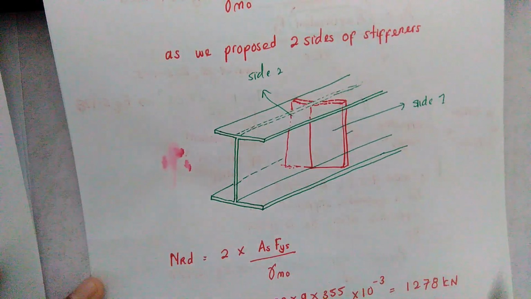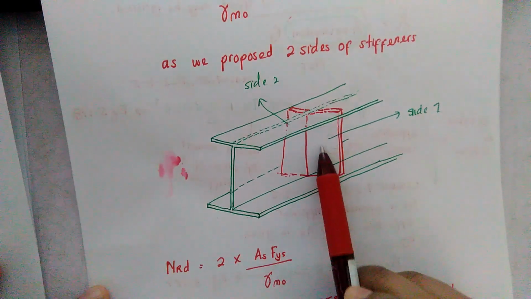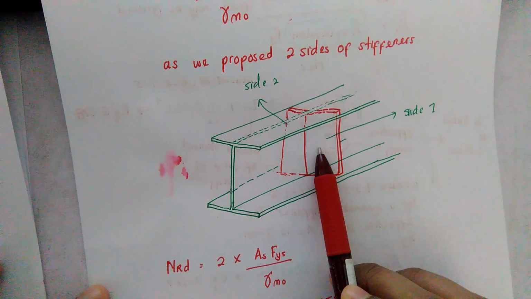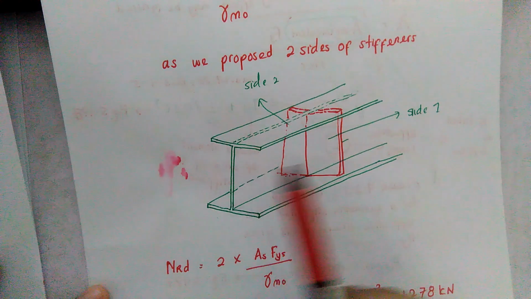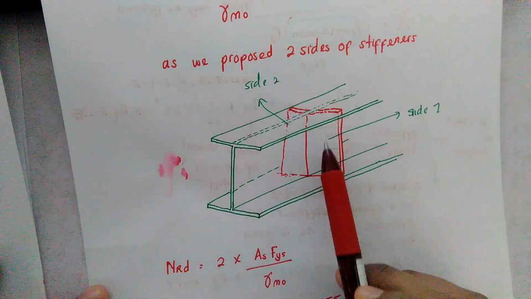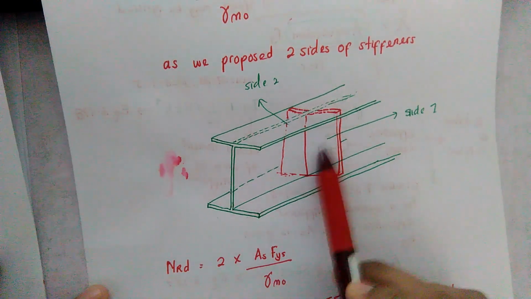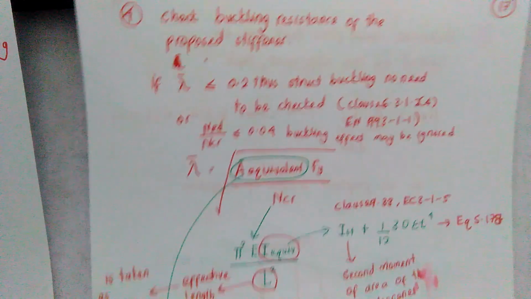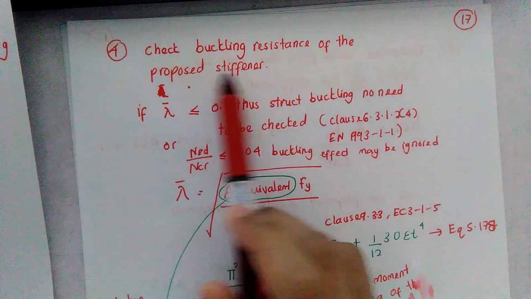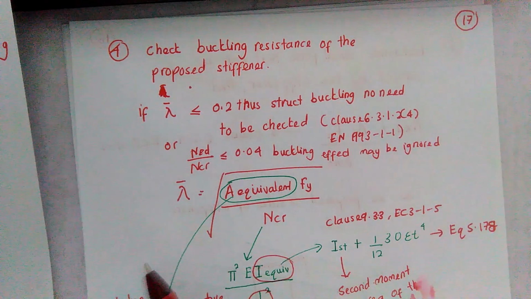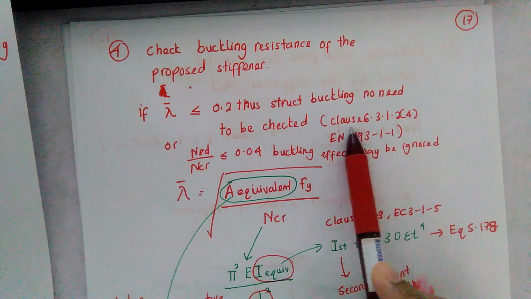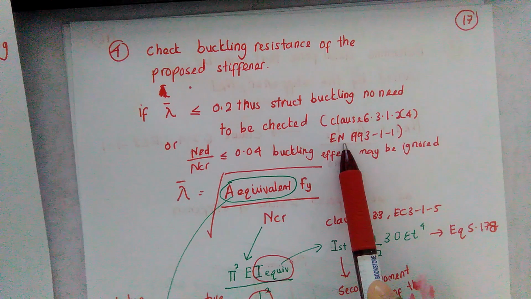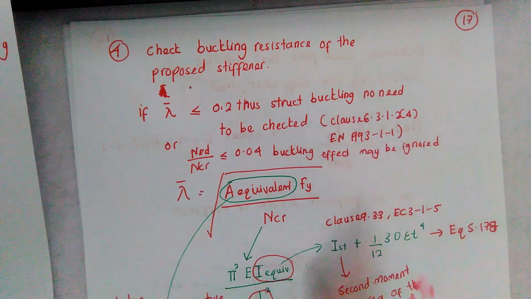Now we want to see whether this stiffener will buckle under the force that we have calculated earlier, so we need to check the capability of this stiffener against buckling. To check the buckling resistance of the proposed stiffener, you need to go to clause 6.3.1 in EN 1993 Part 1-1.